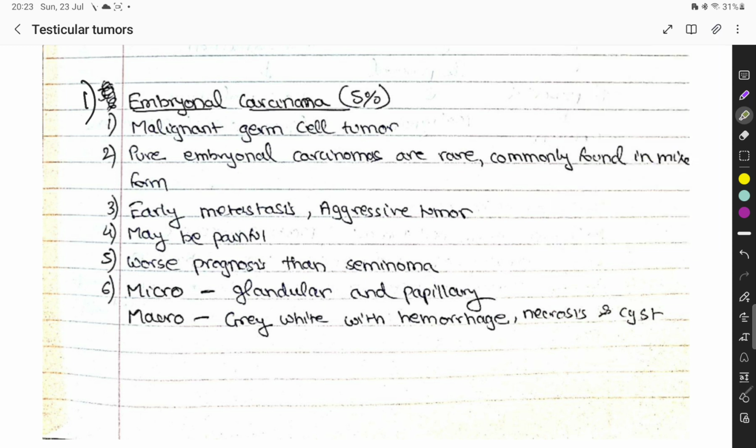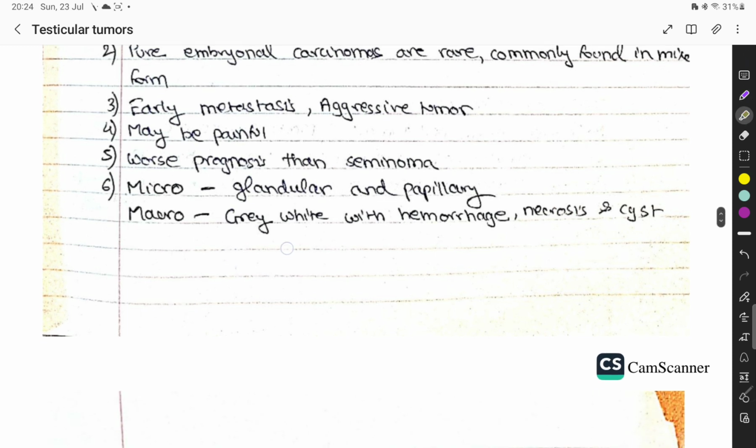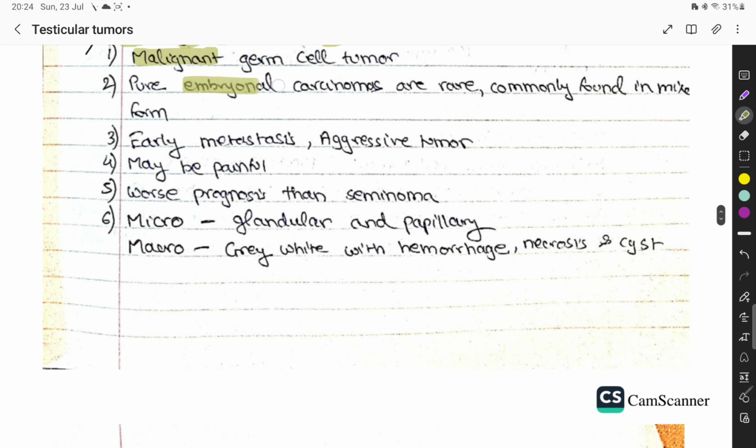Now, what was embryonal carcinoma? It was a part of non-seminoma. Okay, so it's also a malignant germ cell tumor. Pure embryonal carcinomas are rare. They are mainly found with some other things.